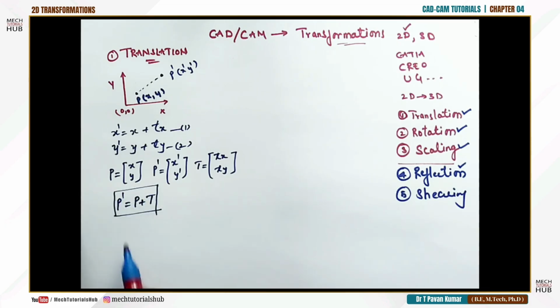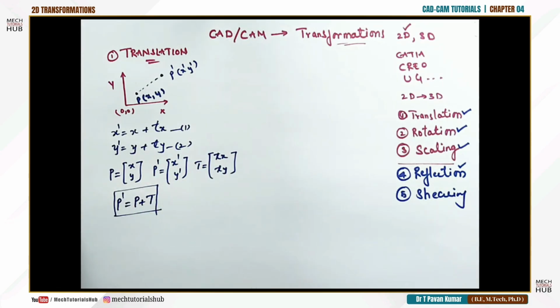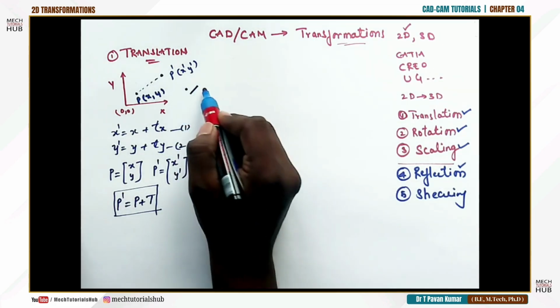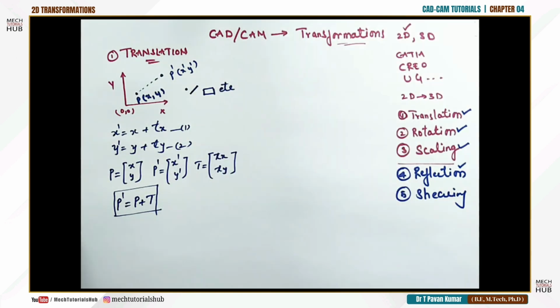Simple addition. This kind of program is already fed to the system. That is the reason the system reacts to this translation. If you want to shift an entity, that entity could be a point, a line, a rectangle or any other spline, etc. We are talking about 2D transformations.